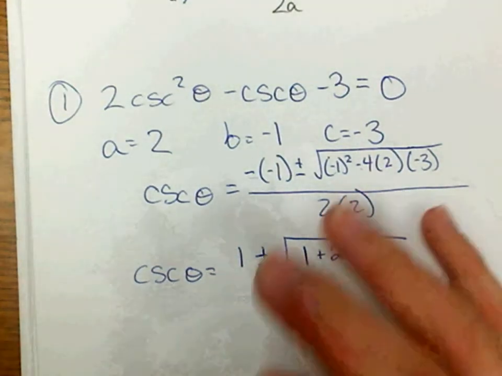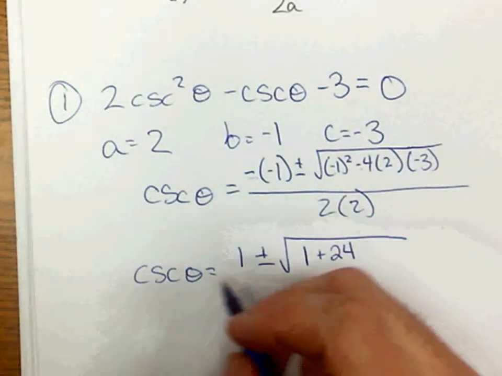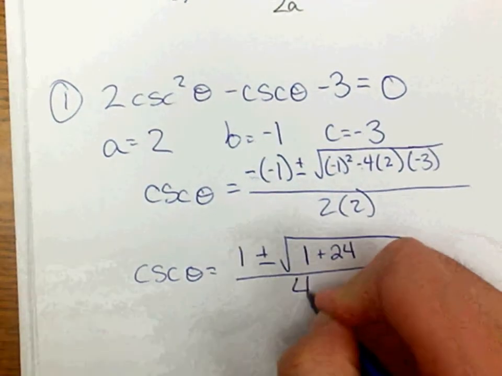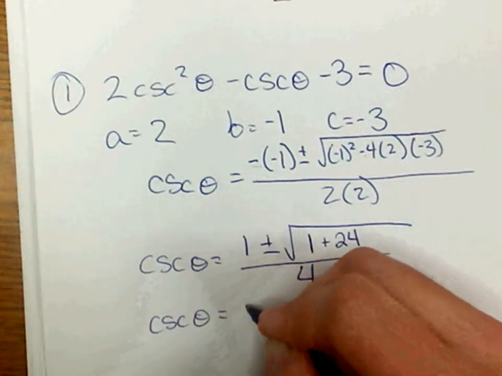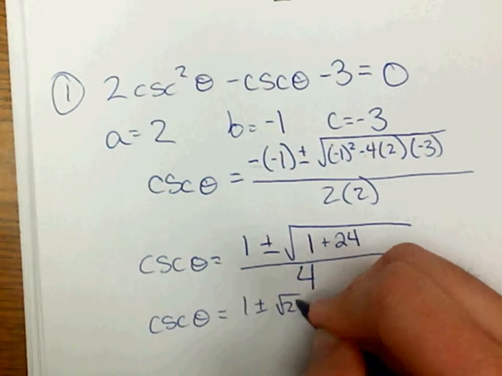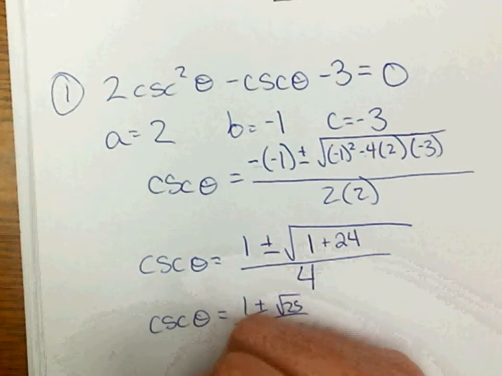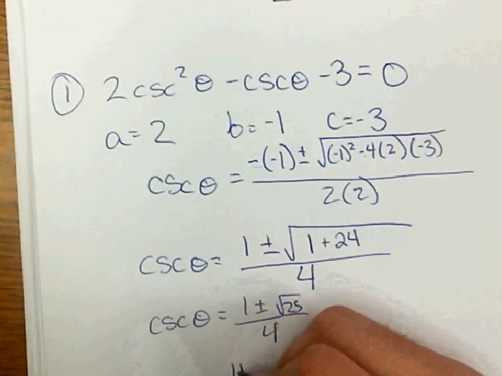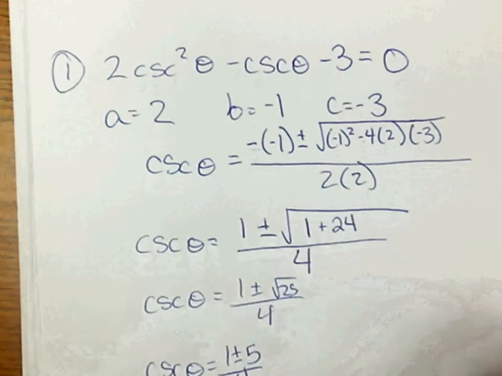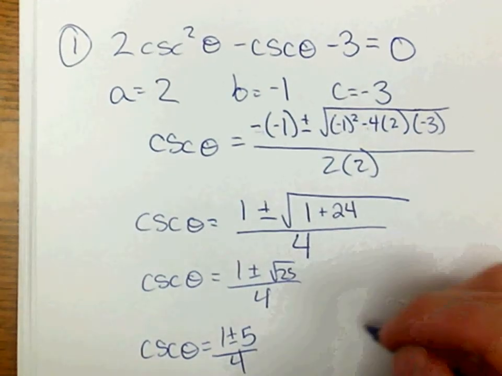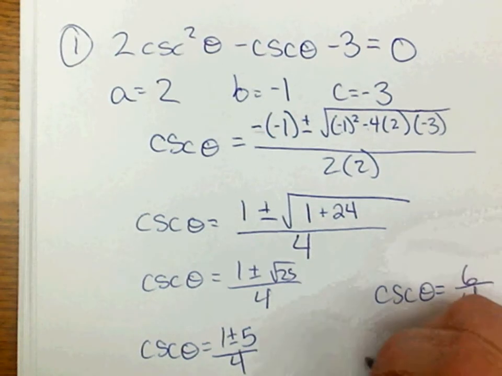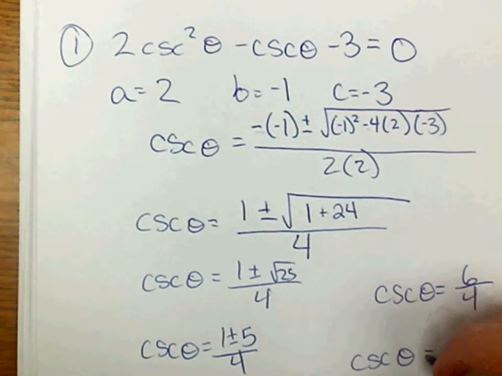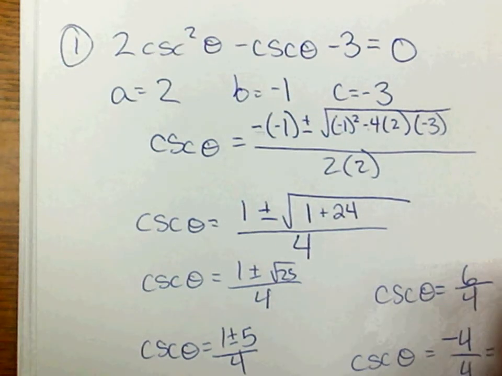I will briefly touch on what happens if it isn't one in just a moment. And then 2 times 2 is 4. So cosecant theta equals 1 plus or minus the square root of 25 over 4, or cosecant theta equals 1 plus or minus 5 over 4. That's the square root of 25. So we get cosecant theta equals 6 over 4, and cosecant theta equals negative 4 over 4, which is equal to negative 1.